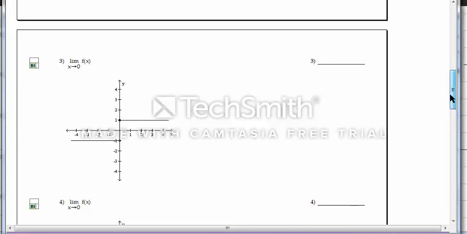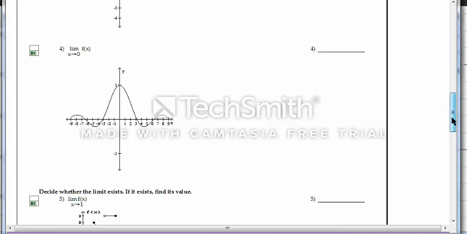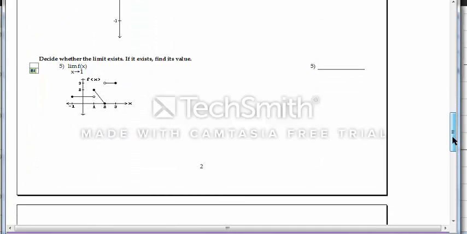Next, you'll be determining the limit of this function as x approaches 0 as well. And then that graph should look pretty similar to something you saw earlier, and you'll be determining the limit of that function as x approaches 0. And lastly, you'll be looking at this function and determining the limit, if it exists, as x approaches 1.